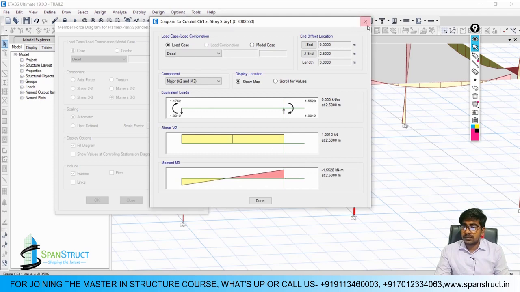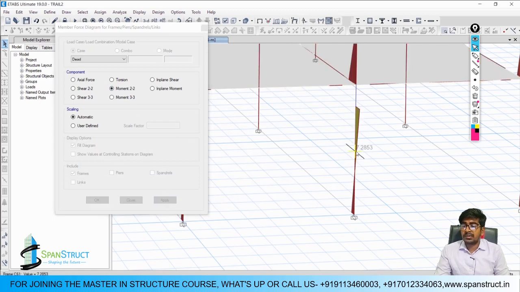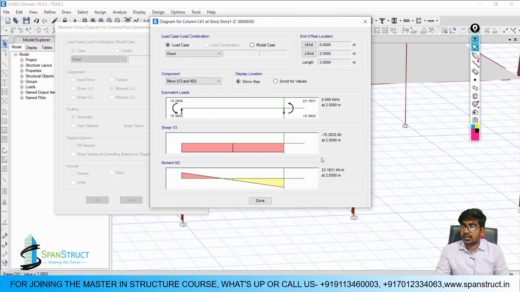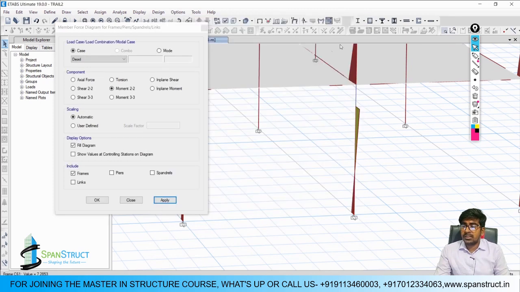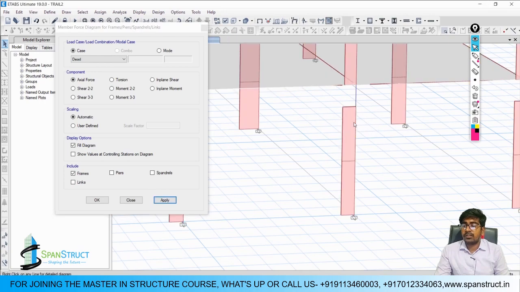Same thing, if you look in the M2 direction, the maximum bending is around 23. It means that in the M33 direction the bending is very small, and we can design this column as uniaxial bending. And if you like to see axial forces, you can find it is around 154, something like that.